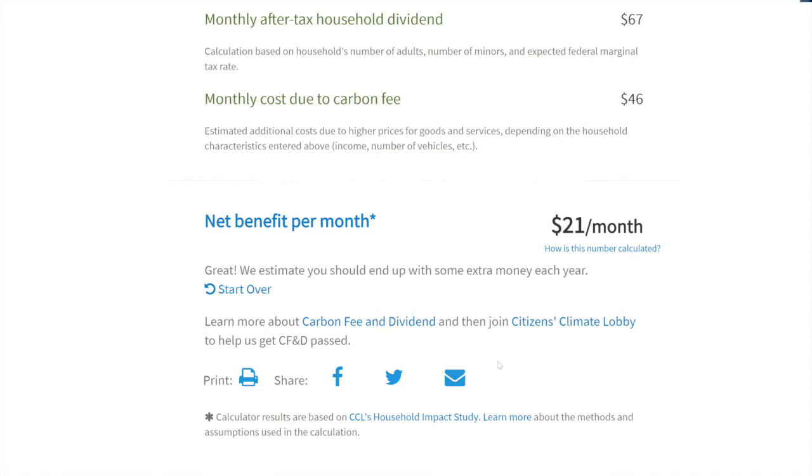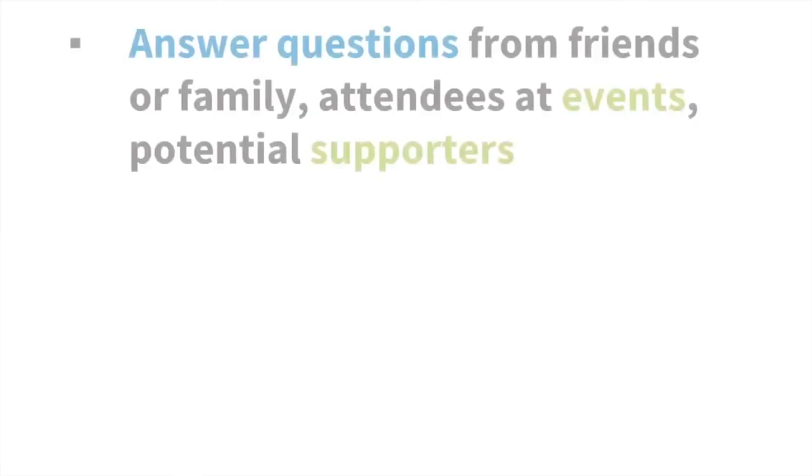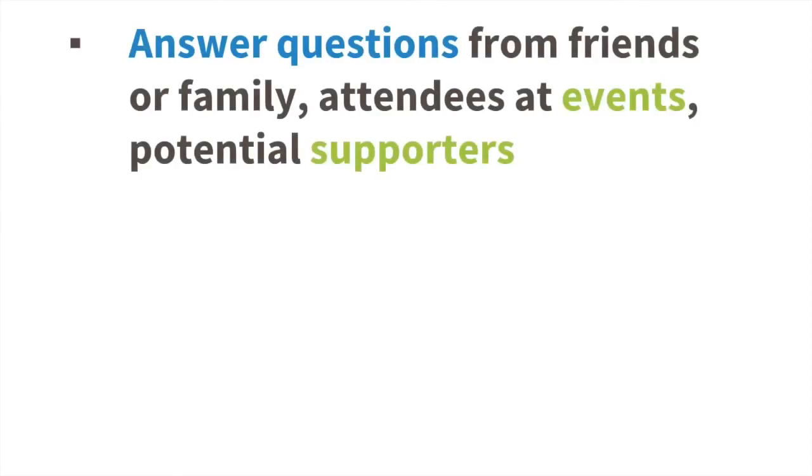So now, how should we think of using this tool? Besides using it to estimate your own family's results, there are some other ways you can use the calculator. For example, it will be handy to answer questions from friends or family, attendees at a tabling event or presentation, or potential supporters who need a clearer idea of how the policy works.